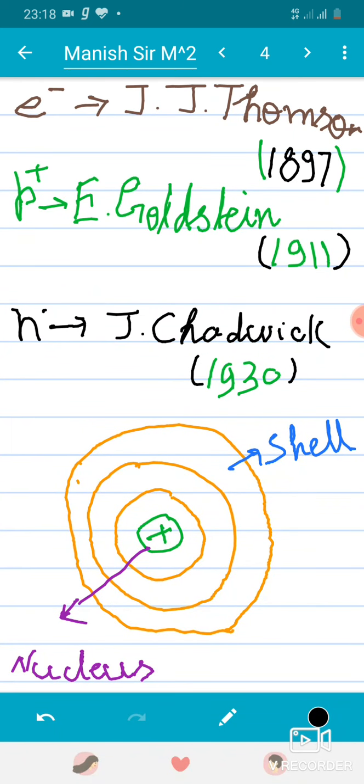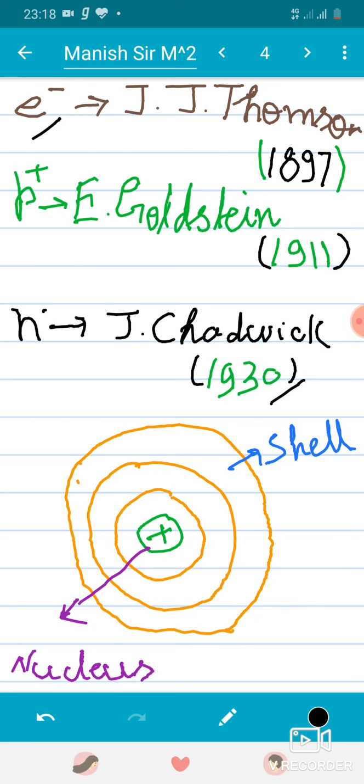After that, we should know who discovered the electron. The electron was discovered by Sir J.J. Thomson in 1897, the proton was discovered by E. Goldstein in 1911, and the last particle, the neutral neutron, was discovered by James Chadwick by experiment in 1930.